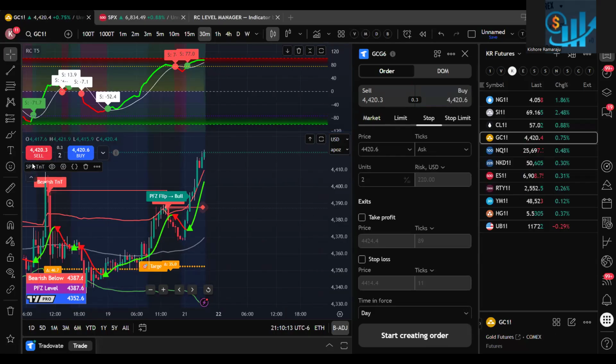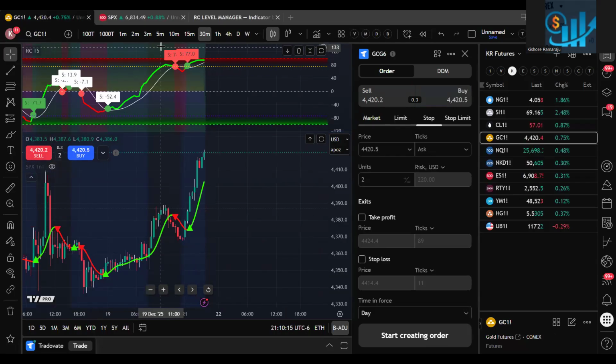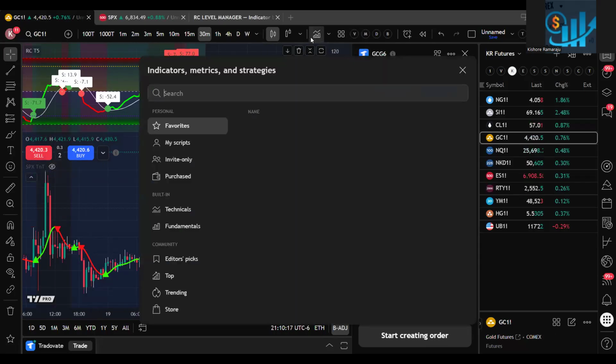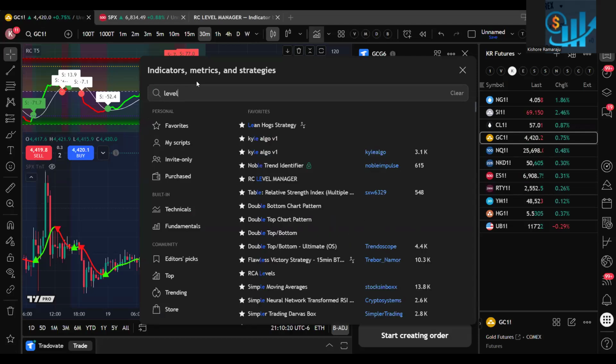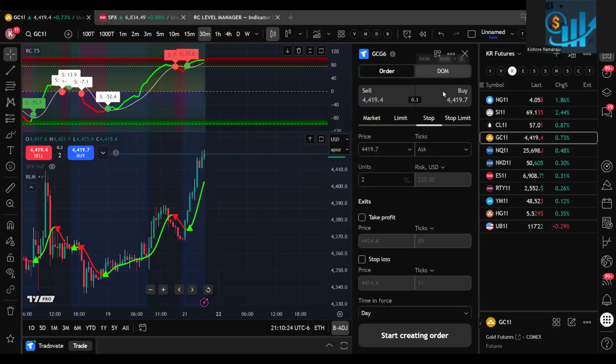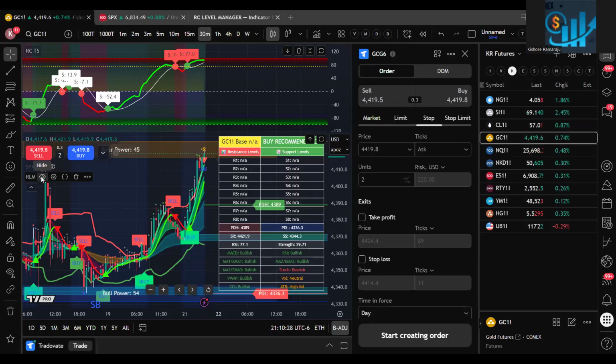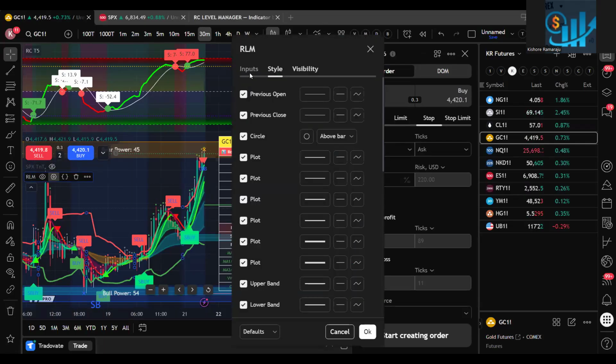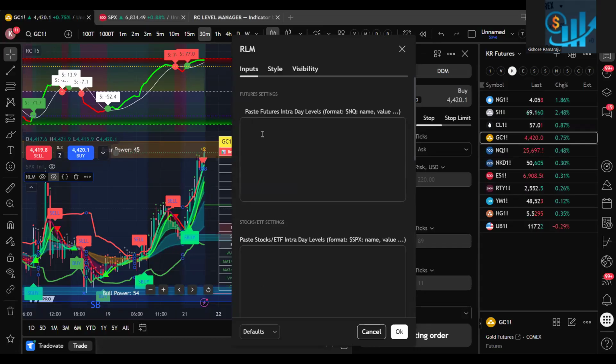Whereas the other indicator is FLM, RLM, or so every day I share the levels.